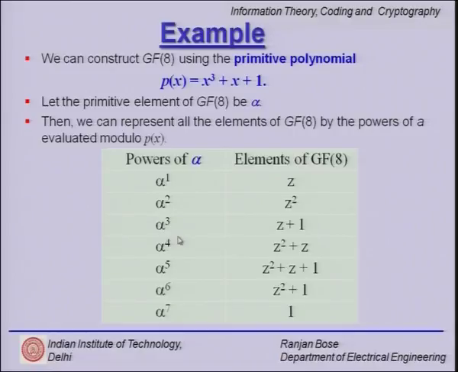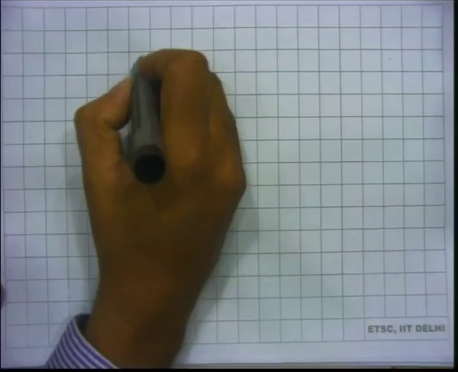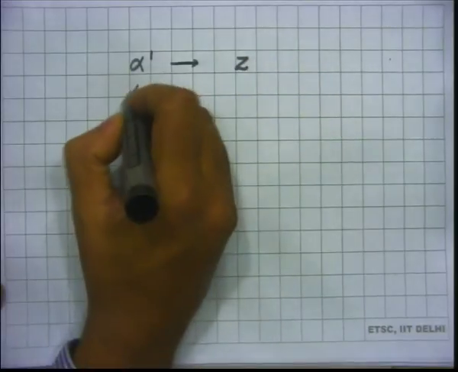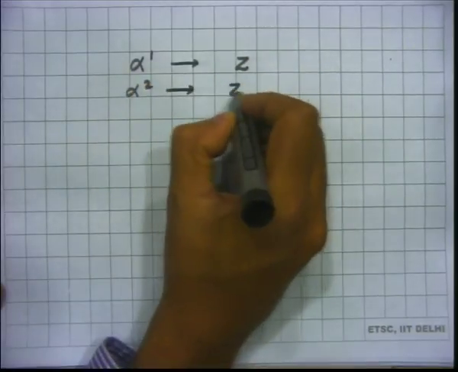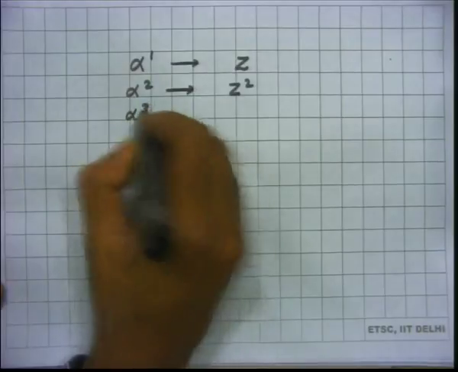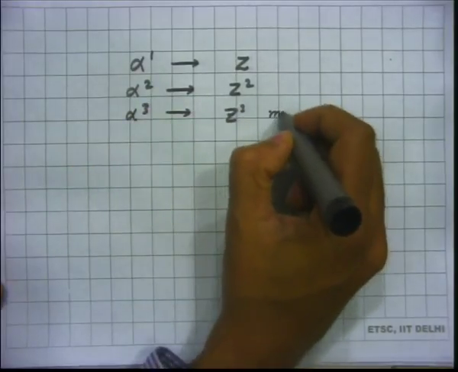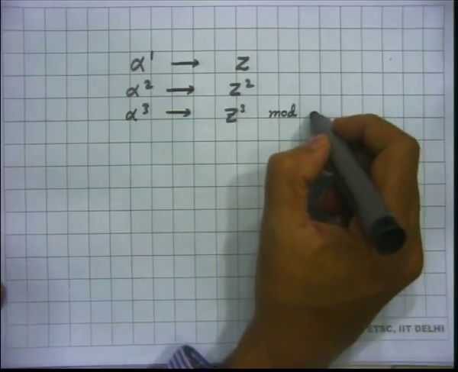So if you have to take alpha cubed, then we have to take modulo x cubed plus x plus 1.